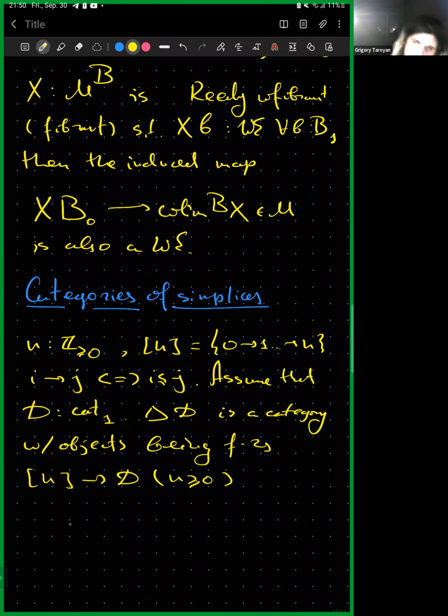So assume that we have a functor e1 and we have a functor e2.